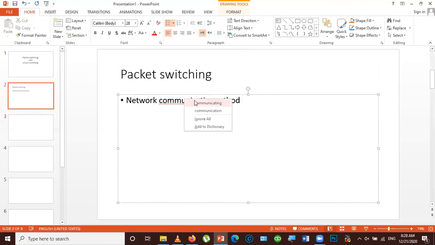Packet switching is the network communication method in which the data gets transferred in blocks or packets. So we can transfer data in the form of blocks or packets, regardless of type and content, called packets.